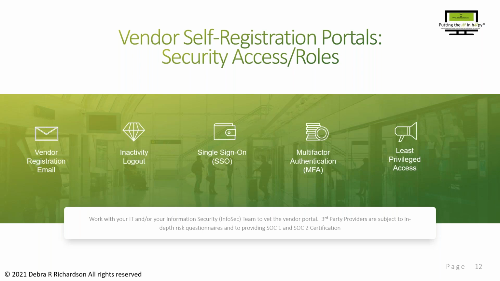Now, the next one is least privilege access. So wherever vendor banking is stored, right? ERP, other third-party tool, vendor portal, access to the full bank account really needs to be limited. Only give access to sensitive vendor information such as the tax ID, banking information, and the birth date if you collect it, which in one of the portals I had to register for my client, they did collect my birth date.